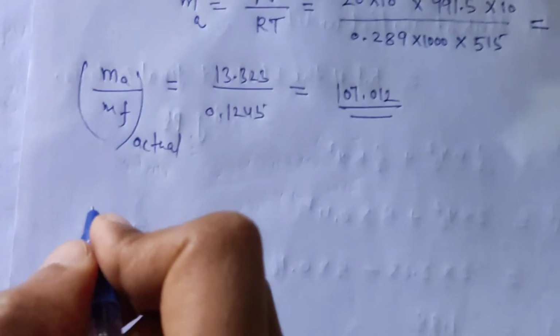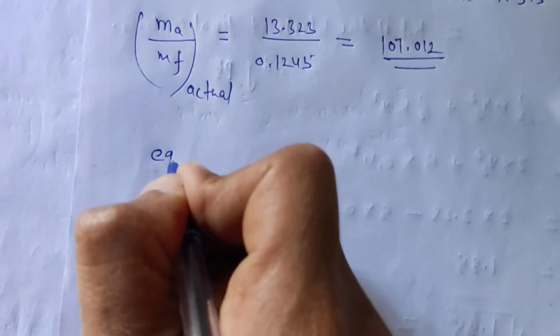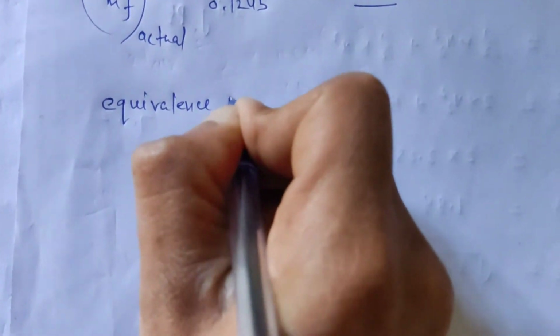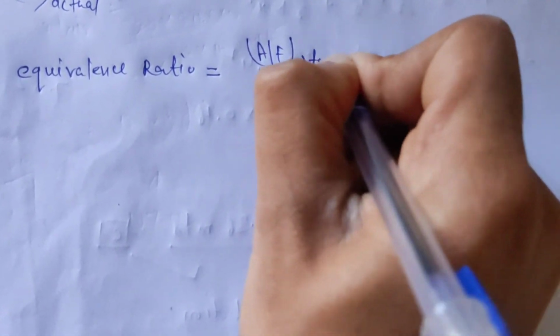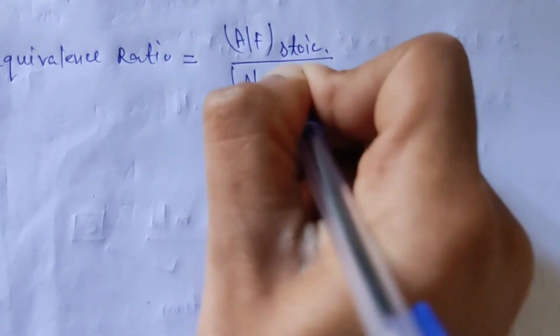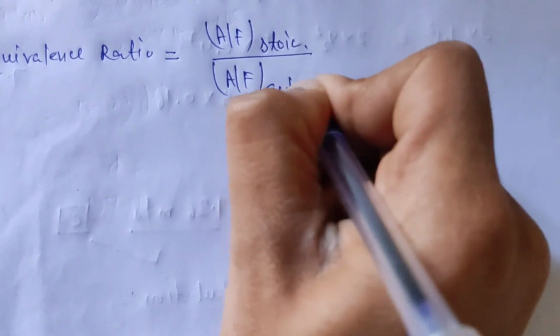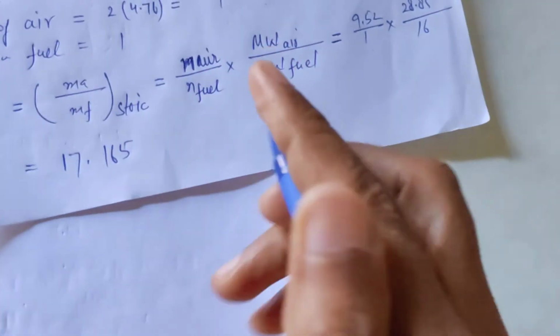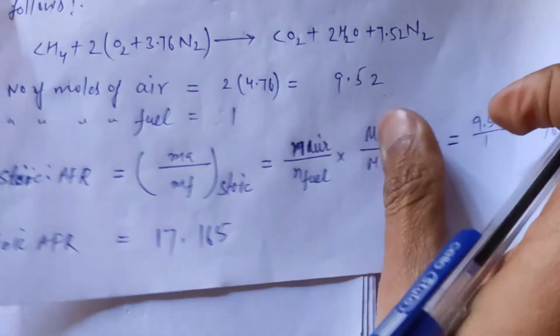So the equivalence ratio of this air fuel mixture will be equal to the stoichiometric air fuel ratio upon the actual air fuel ratio. The stoichiometric air fuel ratio we have already calculated, and it is equal to 17.165.